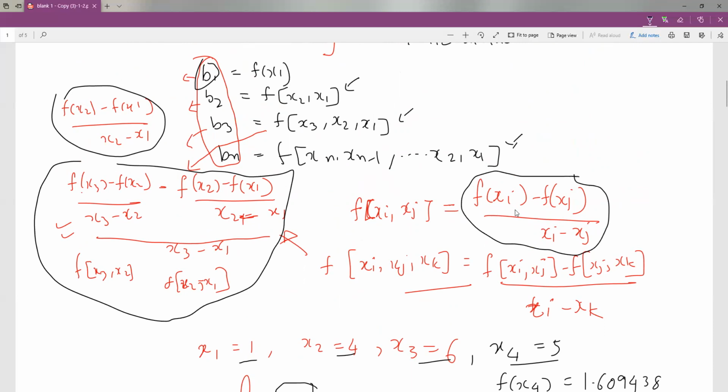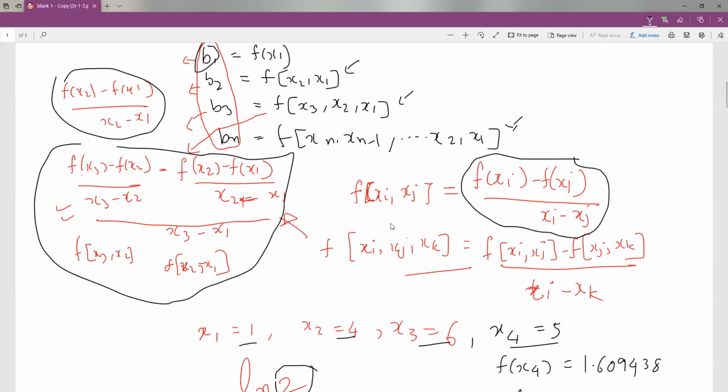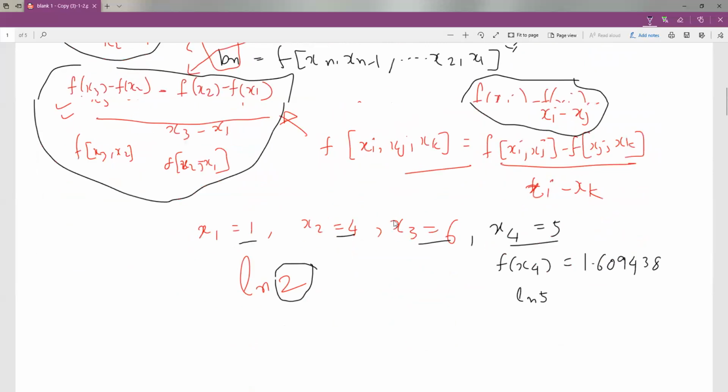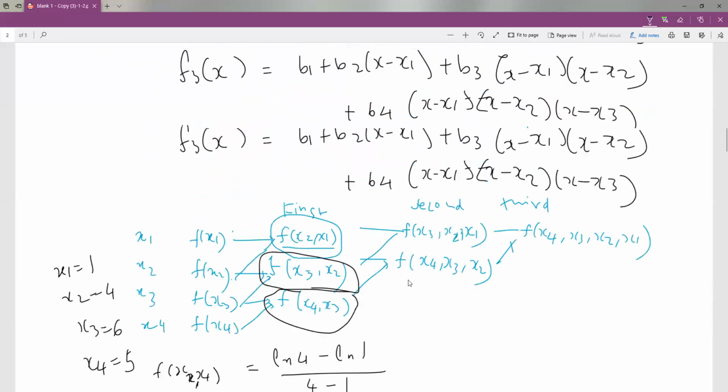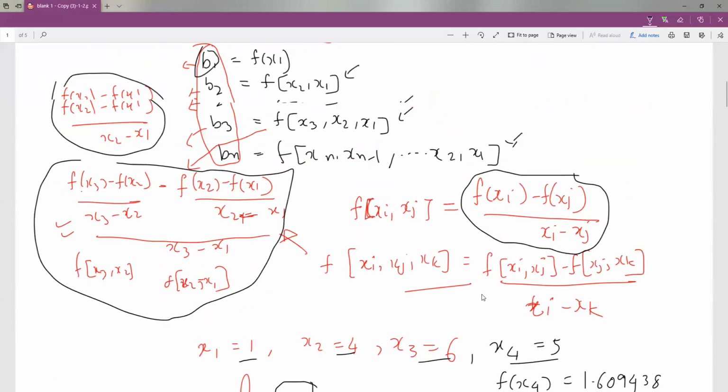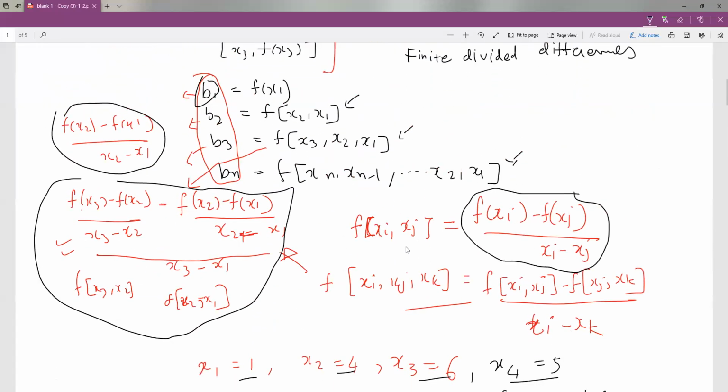We'll be using i and j, let's say 1 and 2. I is equal to 1, j is equal to 2. So this way it can be written. Then ln 6 minus ln 4 over 6 minus 4, we are going to use 3 and 2. Instead of i j as 1 2, you can write 2 3 and 3 4.